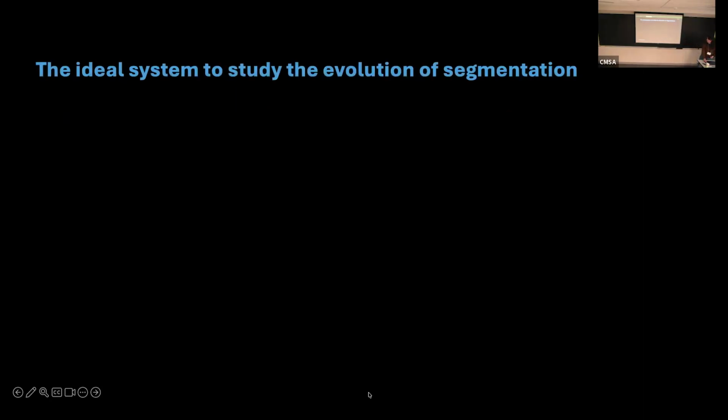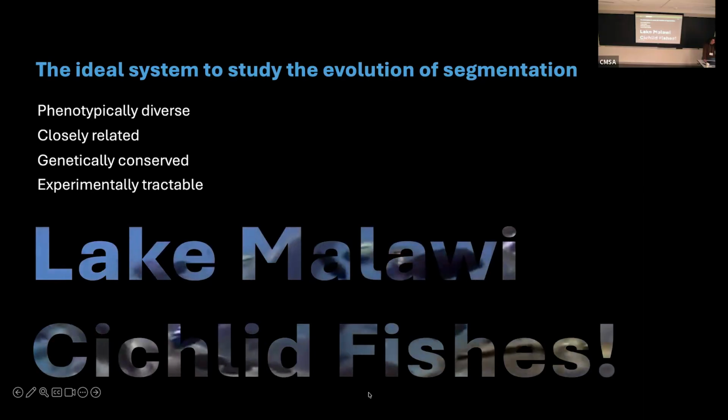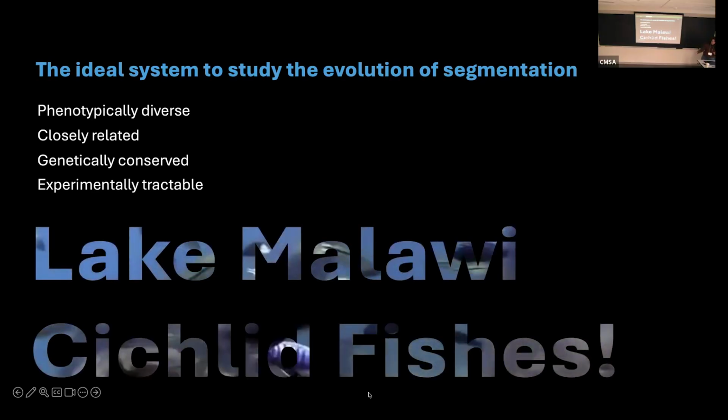I decided the ideal system to study the evolution of somitogenesis would be a group of species that were phenotypically diverse while closely related, genetically conserved, preferably, although that's a tall order, as well as experimentally tractable. It was one of the best days of my professional life when I came across these guys, Lake Malawi cichlid fishes, because they really tick all the boxes.